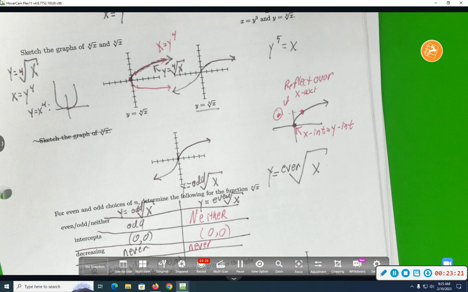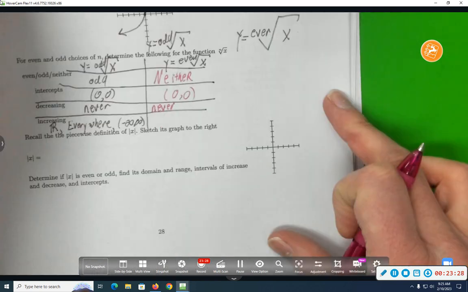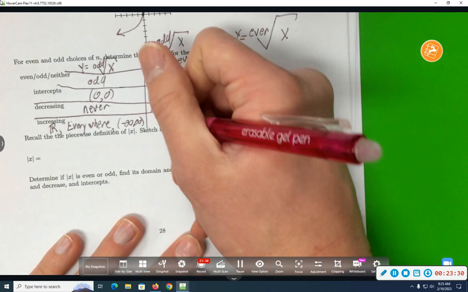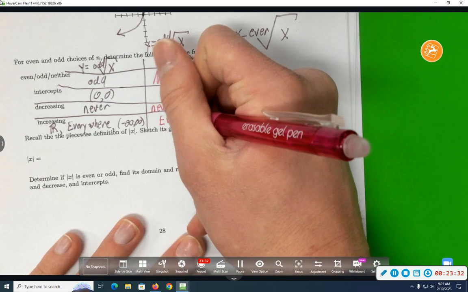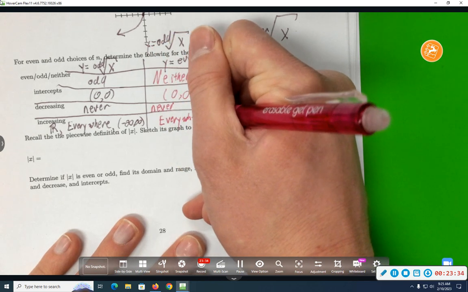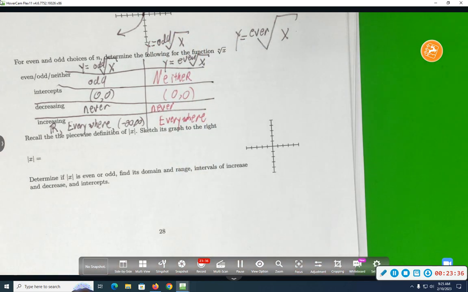I'll say something intuitive that won't quite be correct. So does that mean that this thing is increasing everywhere? I'll say the wrong thing first. Is that correct? No, why not? Because the domain is not all real numbers.